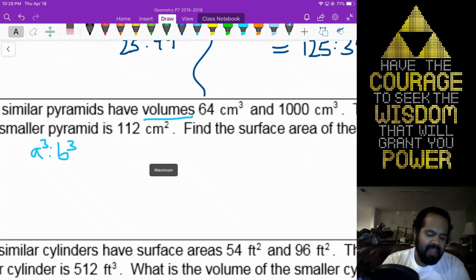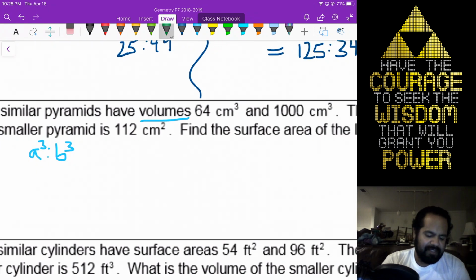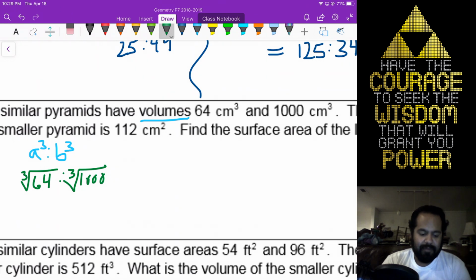Now, for this one, I can take the cube root of 64 and the cube root of 1,000 because those are both perfect cubes. I'm going to get 4 to 10. Well, one thing I've always told you all is to always reduce your ratios whenever you can.